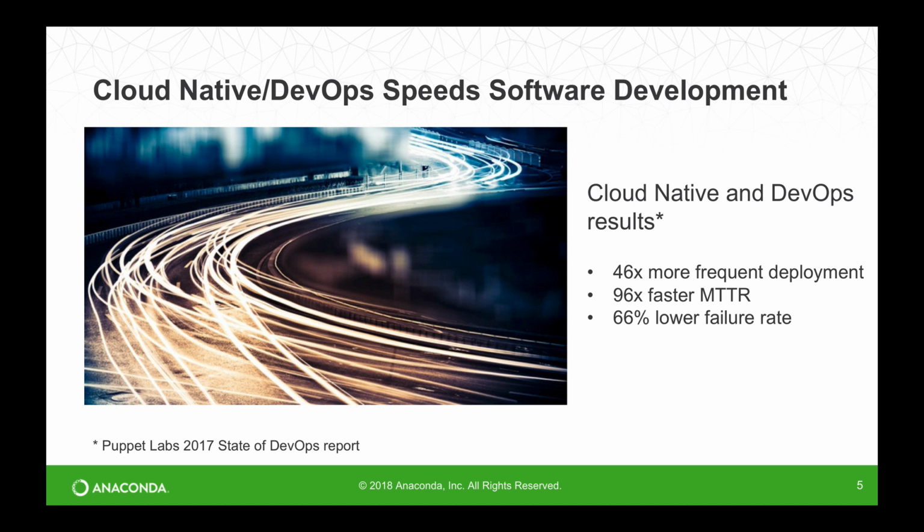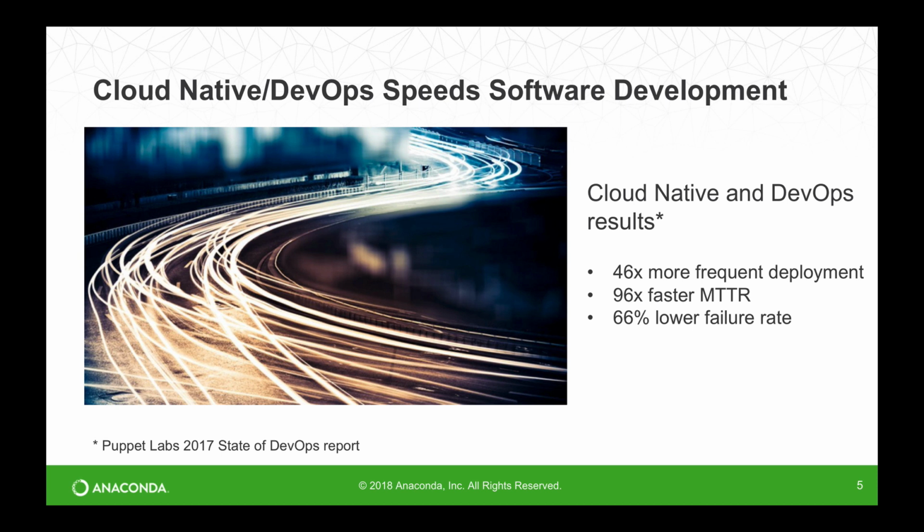So cloud native and DevOps, which is another aspect of cloud native, more of the operational and organizational side of things, these two approaches have been used in software development quite successfully for the last few years. And so Puppet Labs does a survey every year. This is from the 2017 State of DevOps report that they produce. And they look at the differences between leaders and laggards.